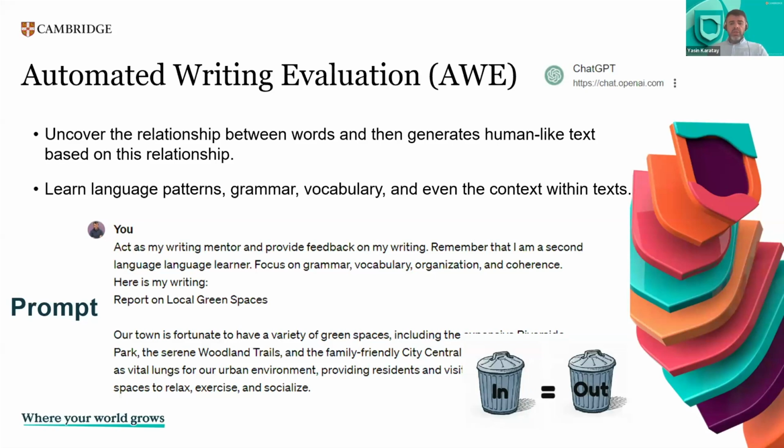So one good strategy is to assign a role to ChatGPT. For example, in this case, I told the AI to be my writing mentor, and then to be as specific as possible, and see how it goes. And then based on the response you get, you can just refine your prompt later on, like talking to the AI. All right, let's see the feedback I got.